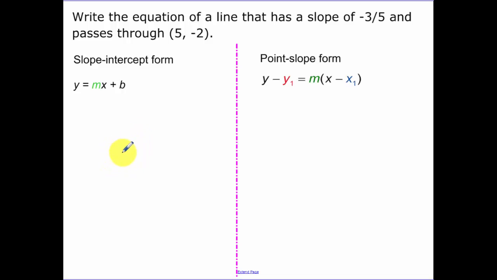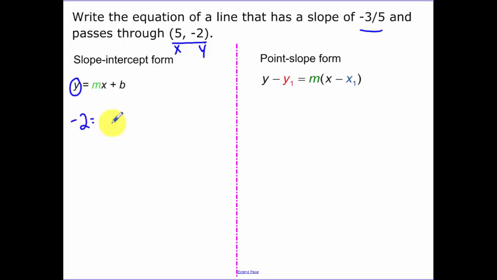We got it from our slope formula. Okay, write the equation of the line that has a slope of negative 3/5 and passes through that point. Remember, that's an x and a y. What is my y value? My y value is negative 2. What is my slope? I apologize, I'm not doing good today.